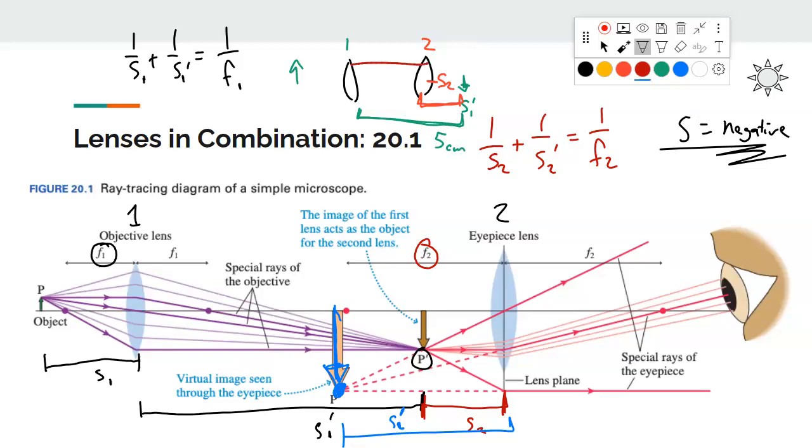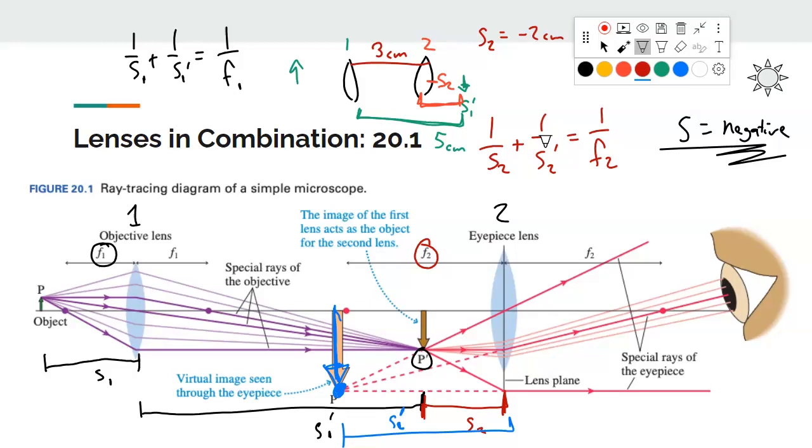And maybe we're told, or maybe we measure, that the distance between the two lenses is 3 centimeters. So in that case, when we go to do the thin lens equation for lens 2, we would call the object length -2 centimeters, right? 5 minus 3.